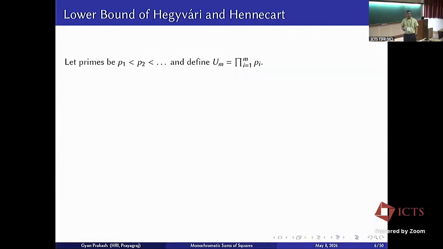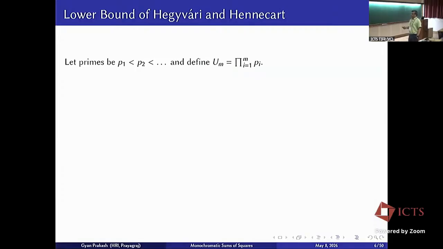For obtaining an upper bound, I have to prove it for every coloring. For obtaining a lower bound, I can give you a coloring and then say that there are arbitrarily large natural numbers which cannot be written as a sum of few squares. So now I define the coloring. The coloring is defined according to the residue classes. So how do we define it?